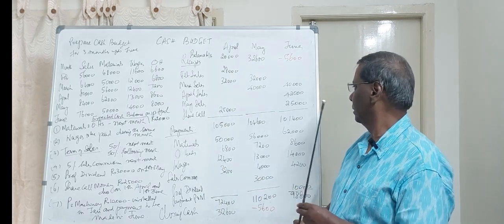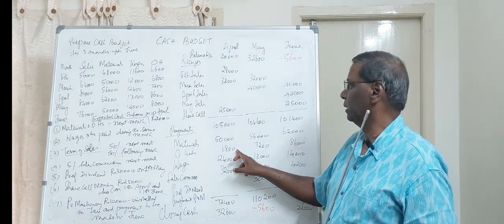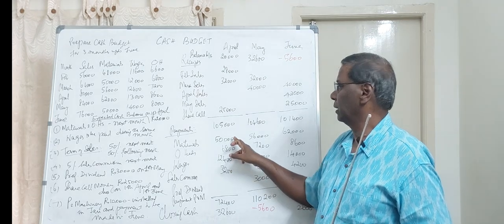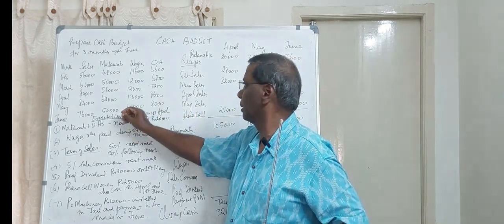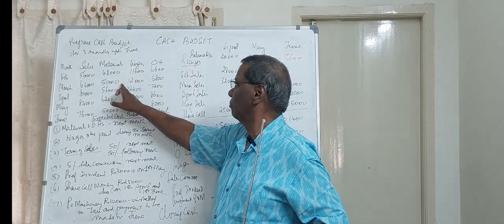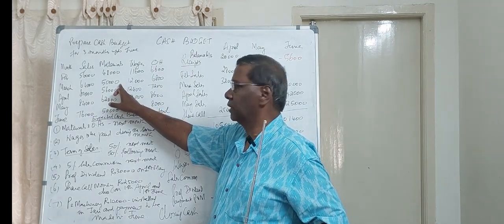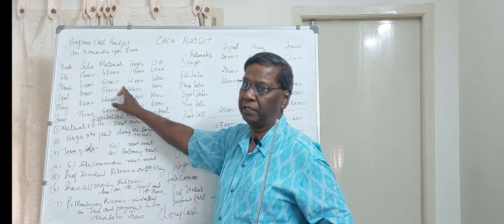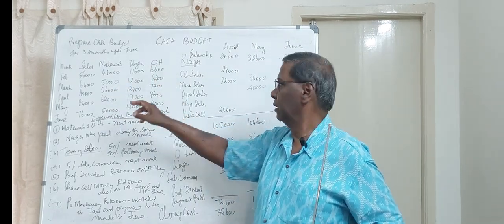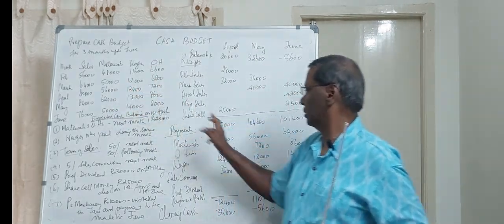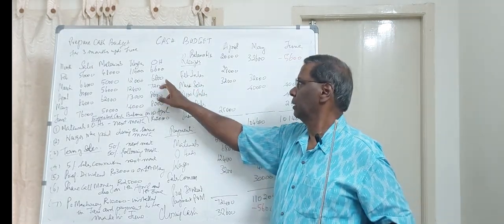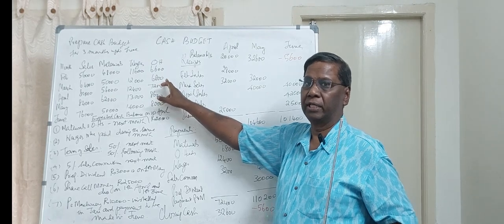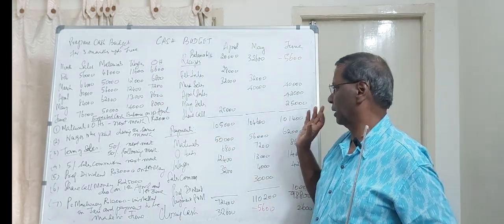You have to pay the 6,800 here. Our period is only starting from April to June. Overheads are paid next month only, same thing: 6,800, 6,800. Okay, this is okay.